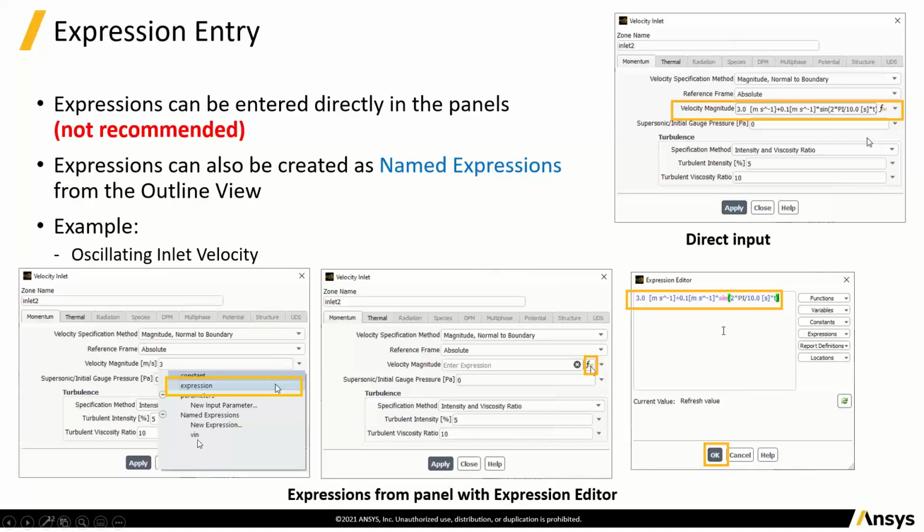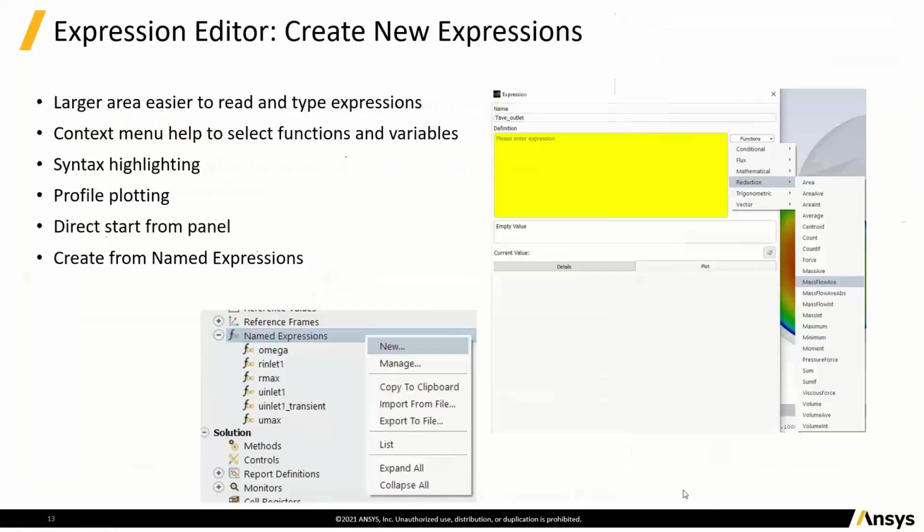So all I would have to do is click on VIN here, and it would automatically jump into the list. So if I were you, I would try and consolidate all my expressions in this expression editor, and we'll see some more reasons for doing that a bit later.